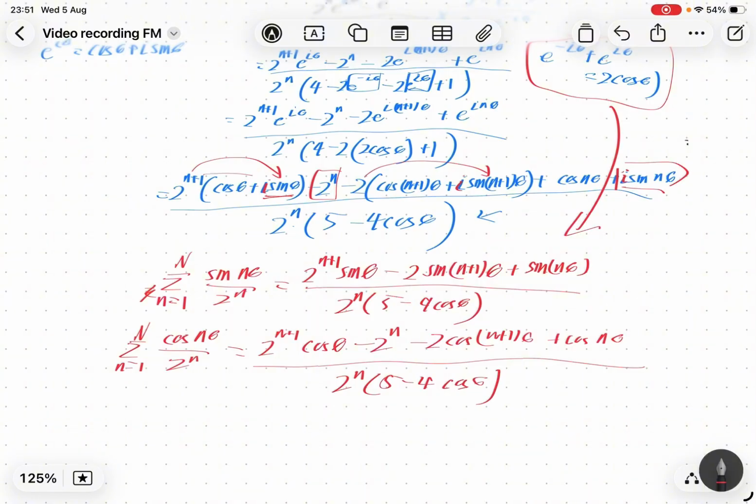Basically, I just get the ones without the i's, okay, and I have my answer. The bottom part is still the same because the bottom part is just a single denominator. Like I can just split it into a lot, so it's the same.